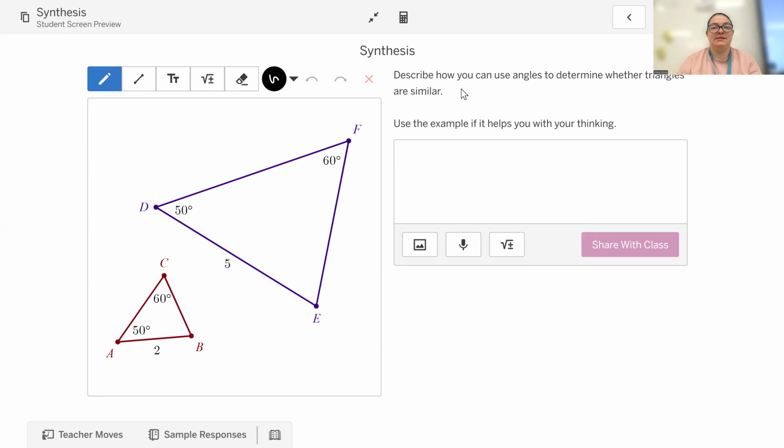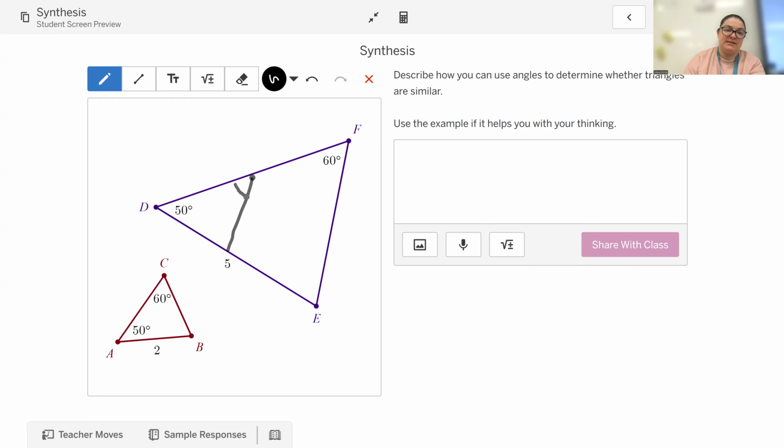So here this says describe how you can use angles to determine whether triangles are similar. If I was to match up A to B, match up my 50-degree angle, it would make a parallel line through here. And that's when we want to use our parallel lines and transversals to prove congruency of these angles. So this would make a parallel line.